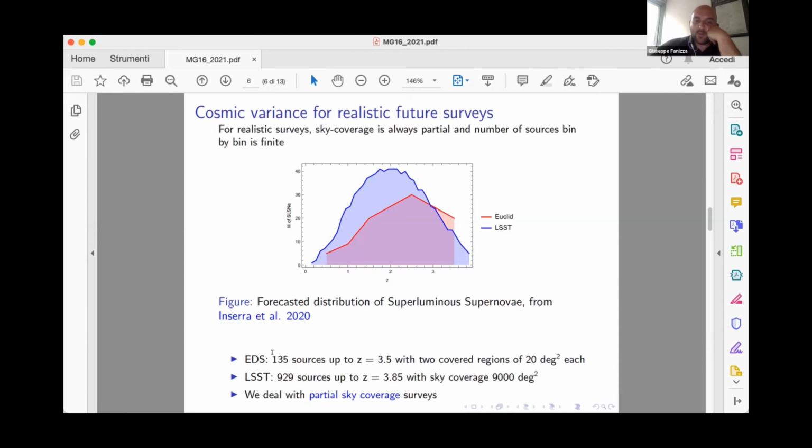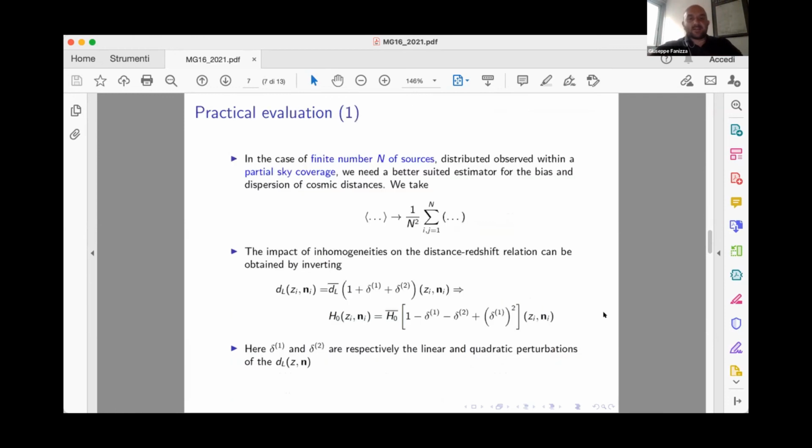In particular, the line of sight of the Euclid deep survey in the deep configuration is very narrow, and it also covers two opposite regions in the sky, whereas the sky coverage assumed reliable by LSST is way larger than the one claimed by Euclid.